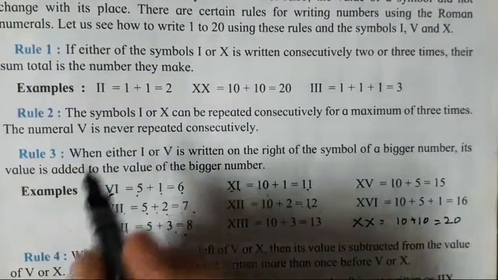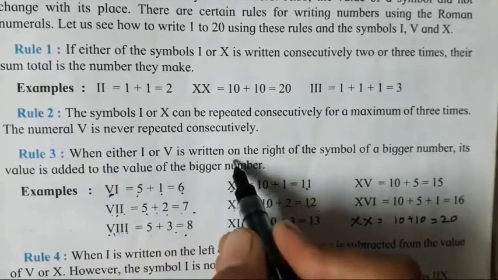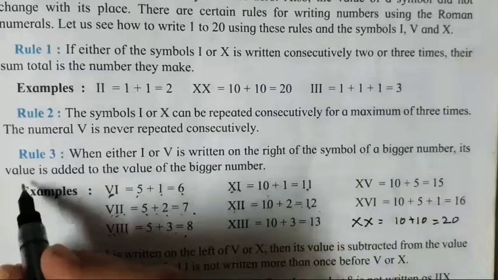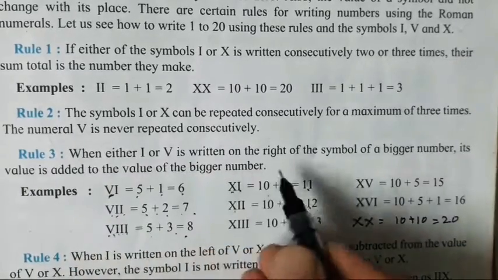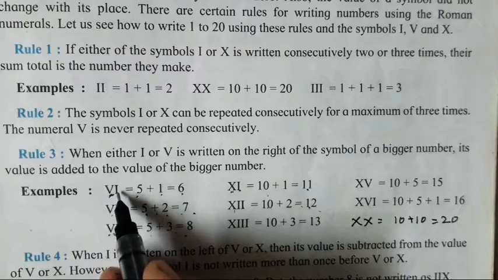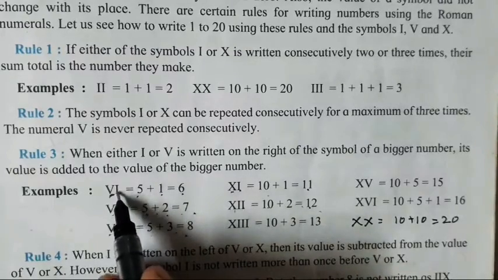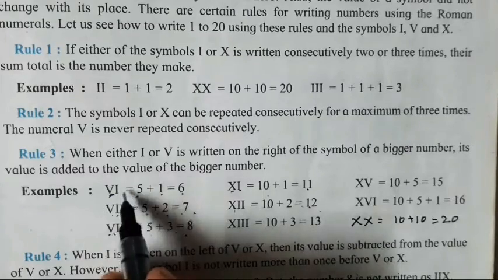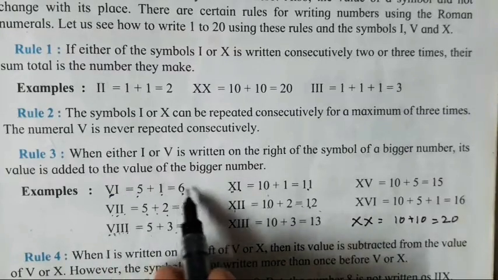Third rule is, when either I or V is written on the right of the symbol of a bigger number, its value is added to the value of the bigger number. Meaning V and I, with I added to the right hand side. This is the right hand side, this is the left hand side. When I is added to the right hand side, it increases the value.